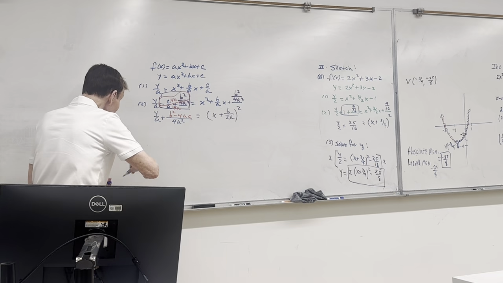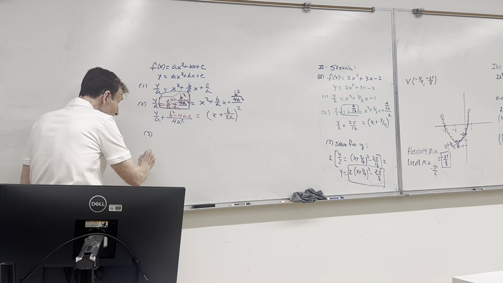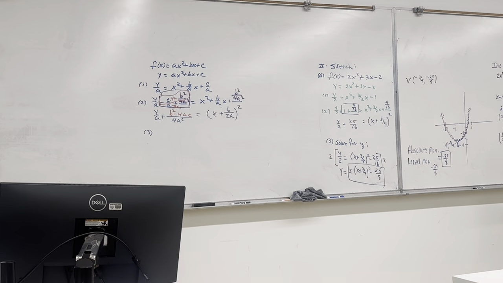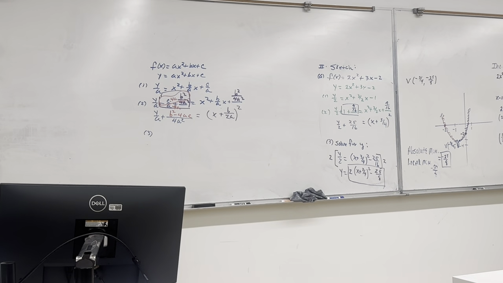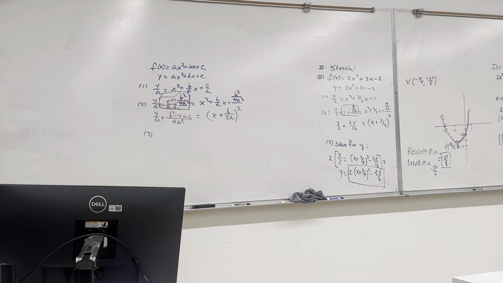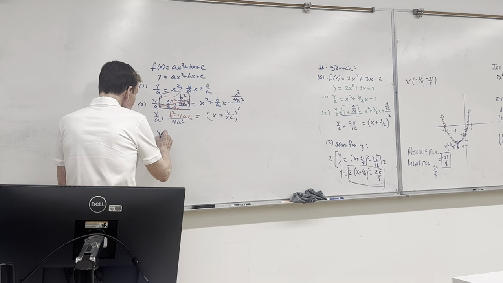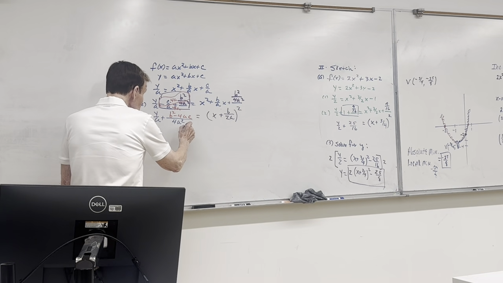Step 3, now we are ready to get the y by itself. That's the last step, get the y by itself. Help me out here, it's going to be awkward. I got y over a. I need to move this term over.